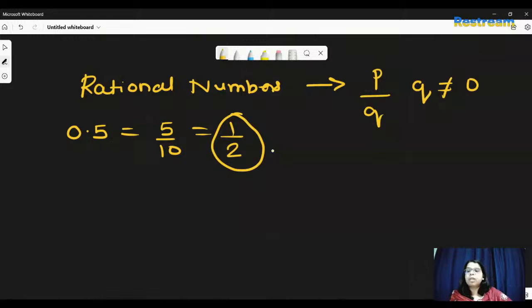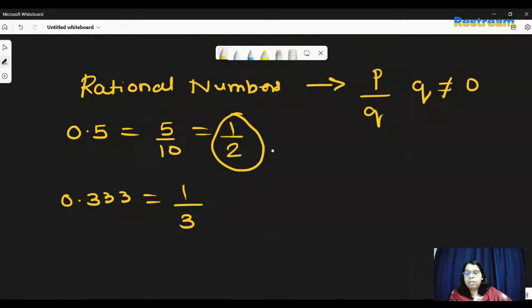Or let's say I have 0.3333. This is 1 by 3 as a rational number, so this is still a rational number. How do you find out whether a given number is rational or not?